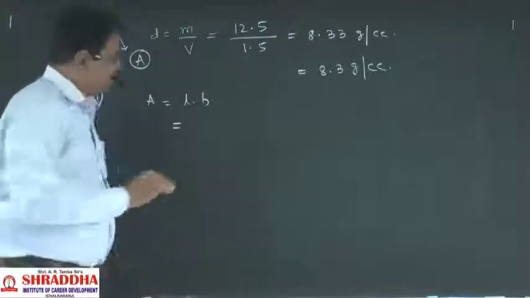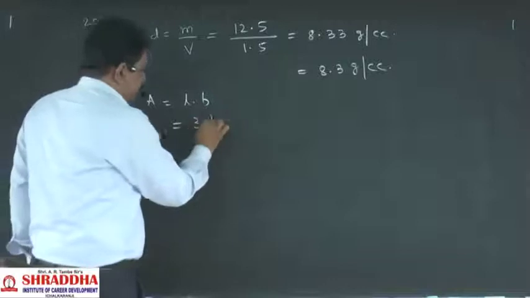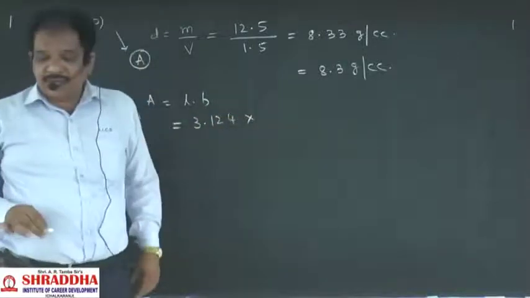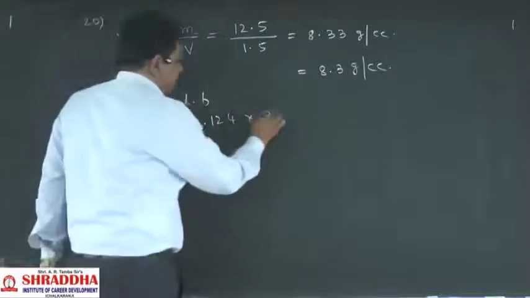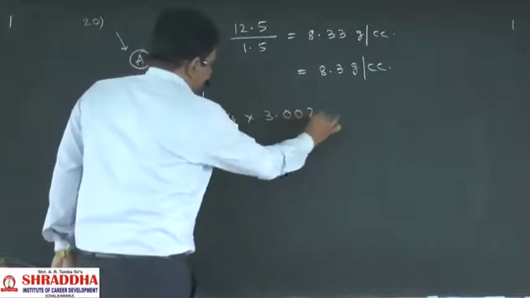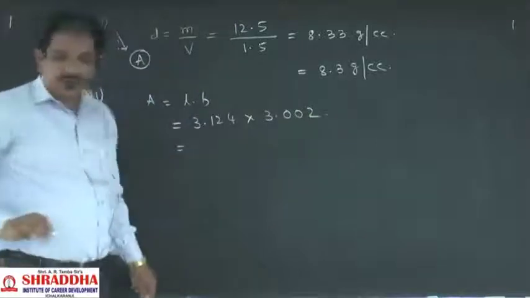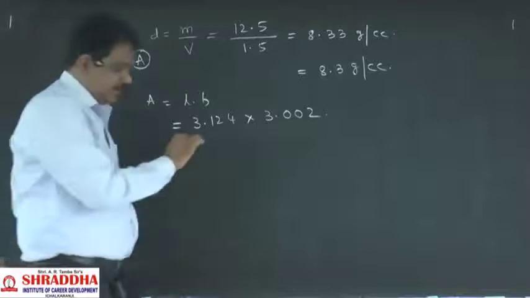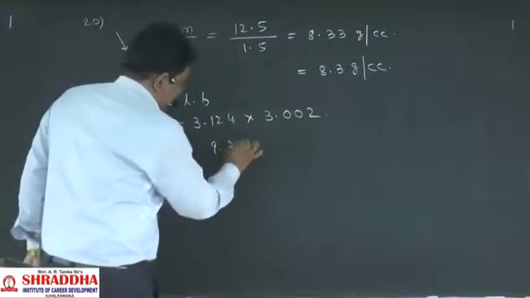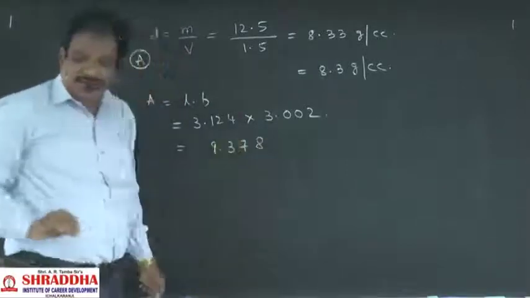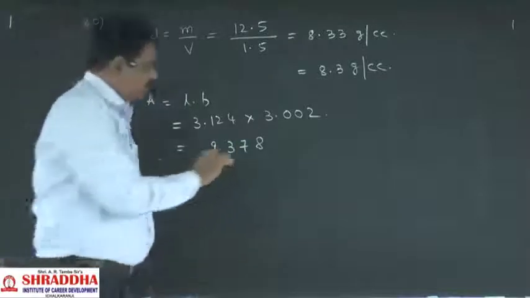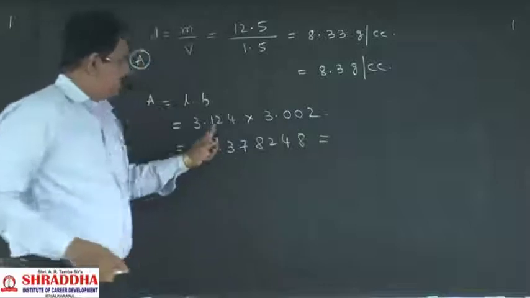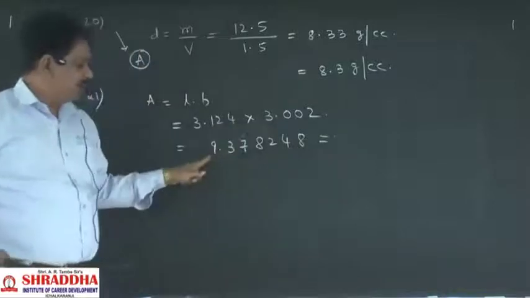Length value will be 3.124 into breadth value 3.002. So this value we will get as 9.378248. If we multiply these two, we will get this one.